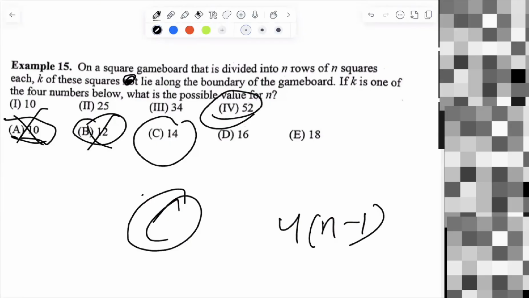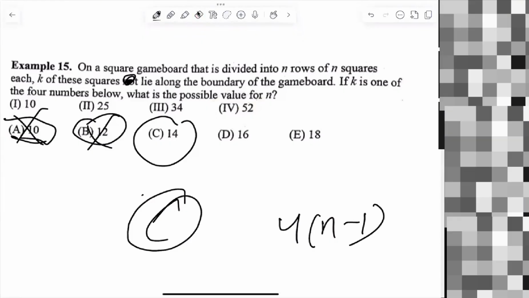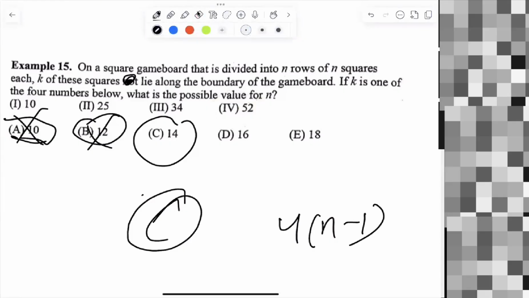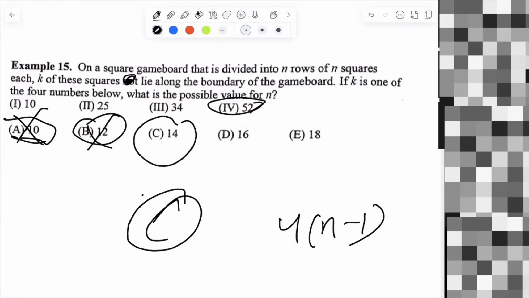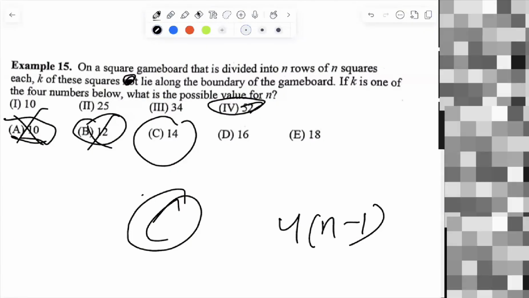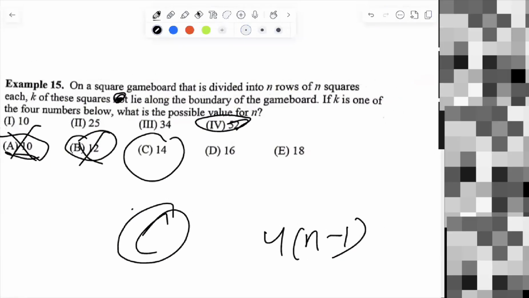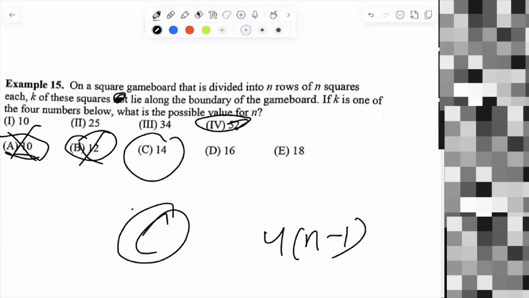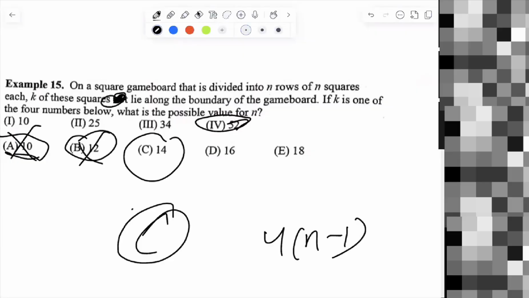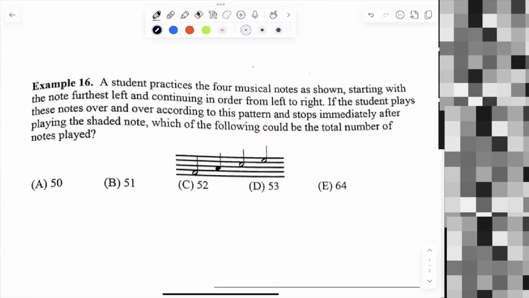If we test everything out, with 14, the total number is going to be 4 times 14 minus 1, or 13, or 52, and then the answer is going to be C. So there's a major incorrect wording over here. Sorry about that.